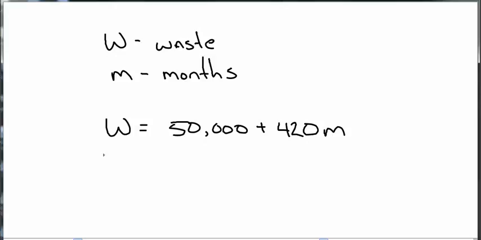I don't like the way it looks, so I would make it 420 M plus 50,000. I like to do my multiplying first and then add.